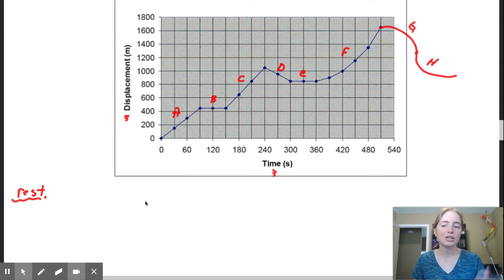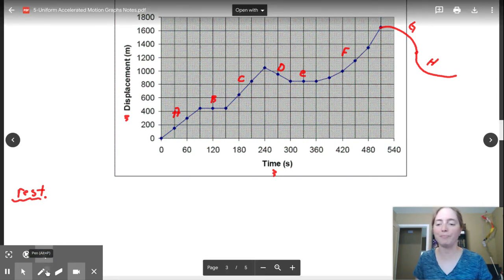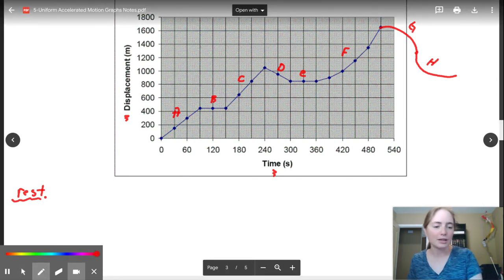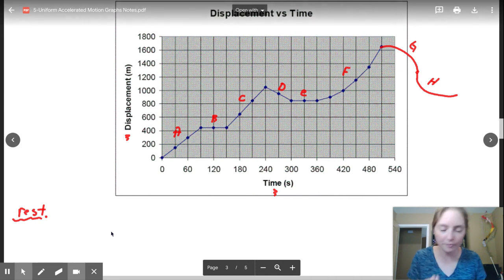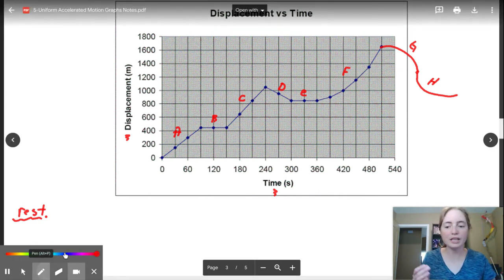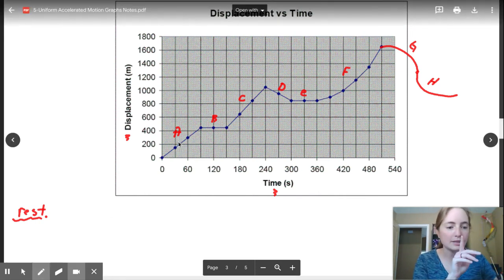So let's look at rest. Now we're thinking here, position time or displacement time graph, position time graph, distance time graph. For this guy here, rest.